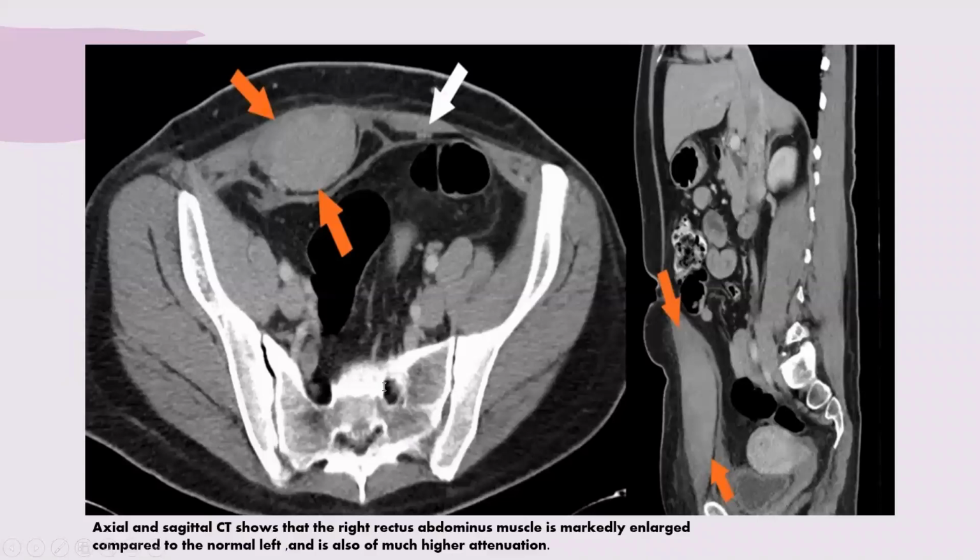This is axial and sagittal CT showing the right rectus abdominis muscle is markedly enlarged compared to the normal left one. Also, it has much higher attenuation than the left one.